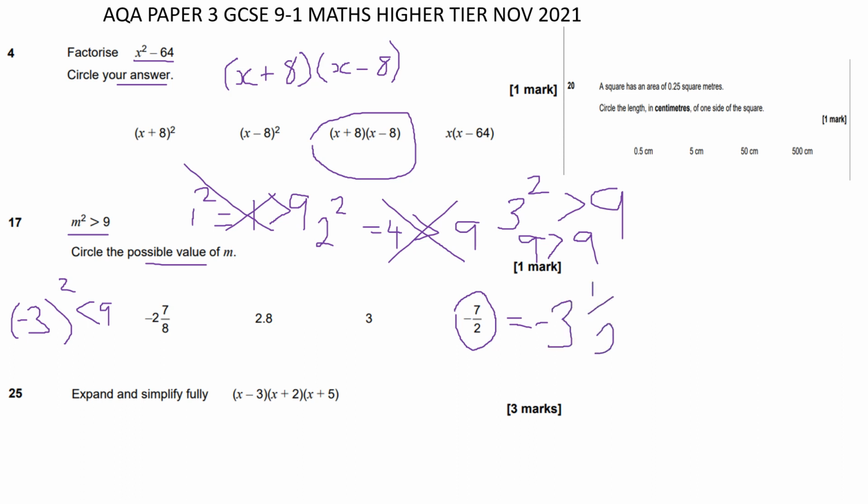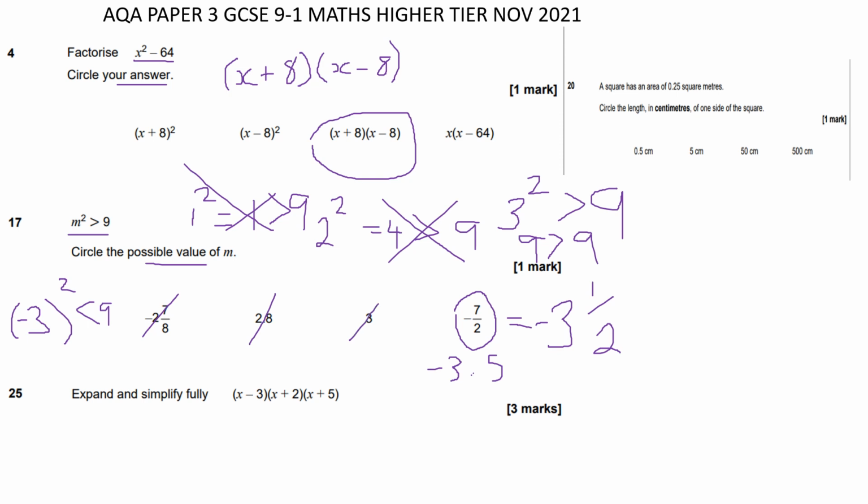The rest of the numbers here are either 3 or less, or greater than negative 3. So it can't be this one because it's bigger than minus 3. That's obviously smaller than 3, and that's obviously smaller than 3.